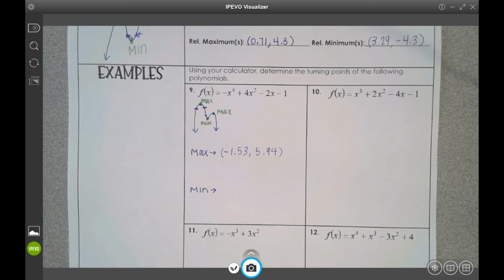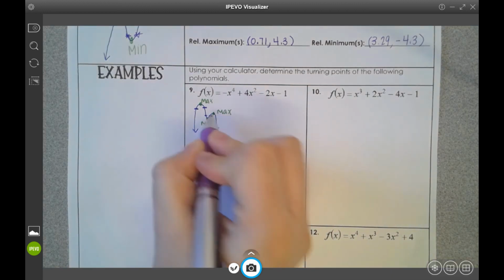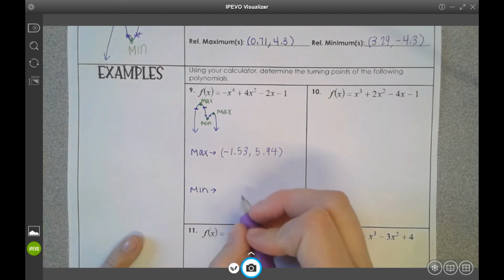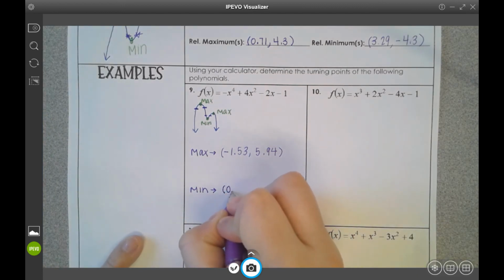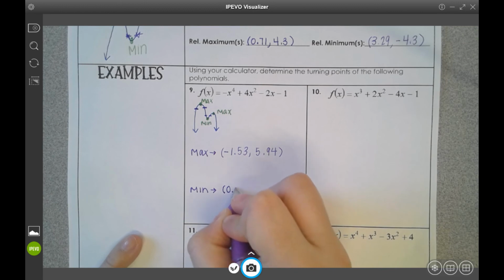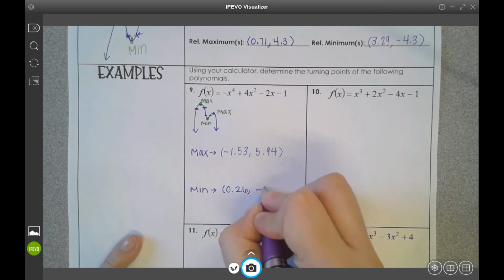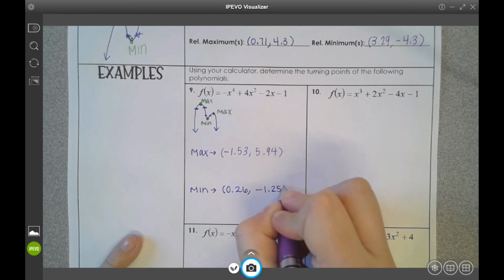Don't go too much. Just barely past it. Hit enter. And your guess, you don't really have to guess, just hit enter. And your minimum is 0.26, comma, negative 1.25.